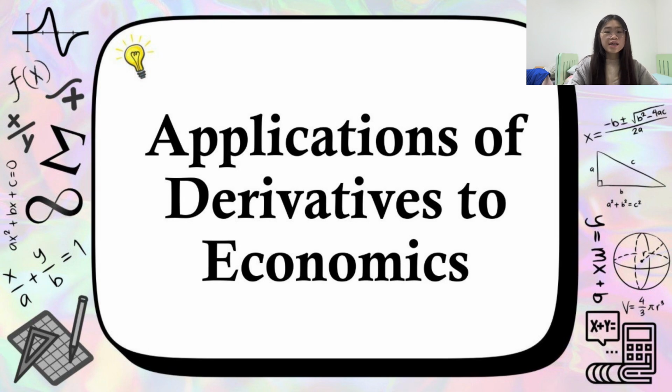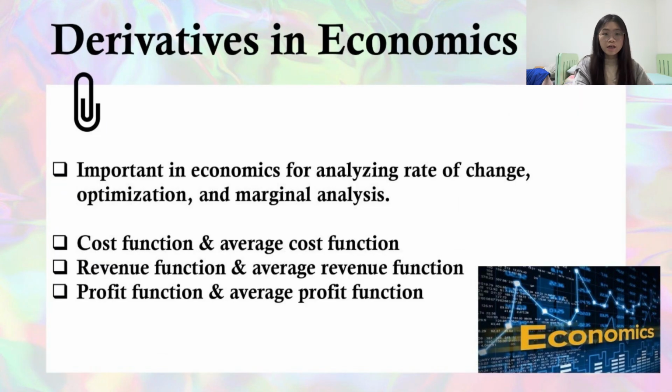The first topic is about the applications of derivative to economics. The derivative in economics is very important for analyzing rate of change, optimization, and also marginal analysis. It includes cost function and average cost function, revenue function and average revenue function, and also profit function and average profit function.